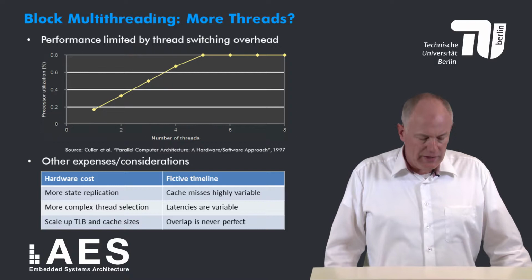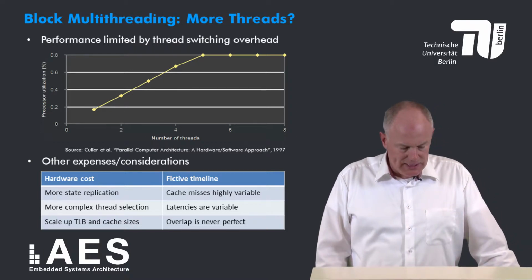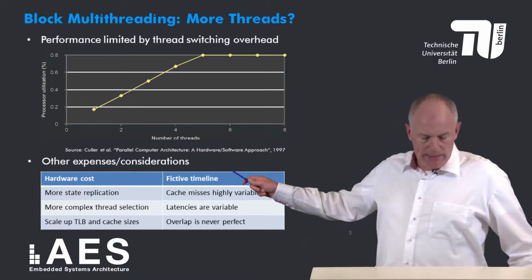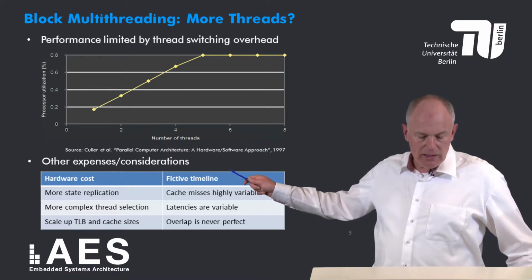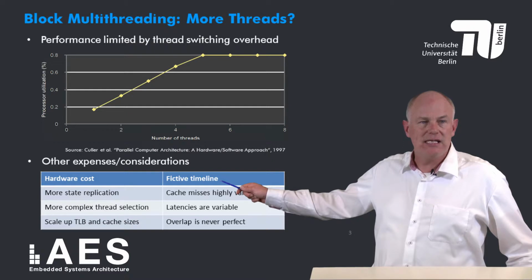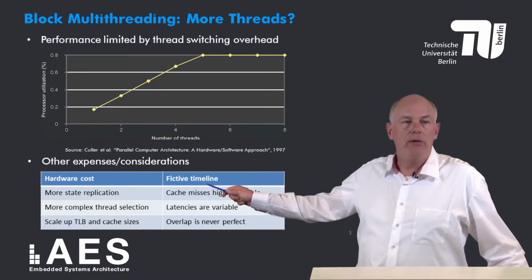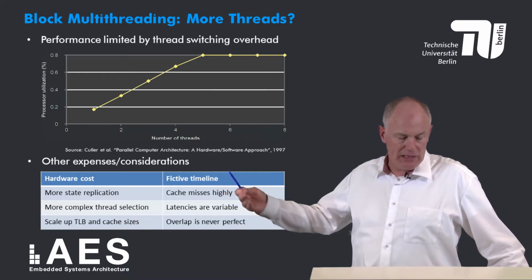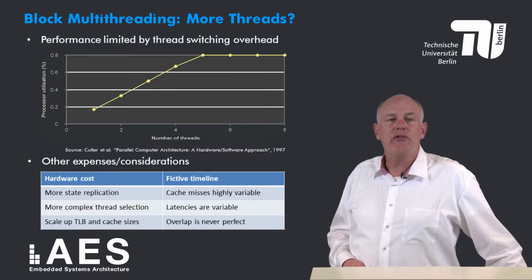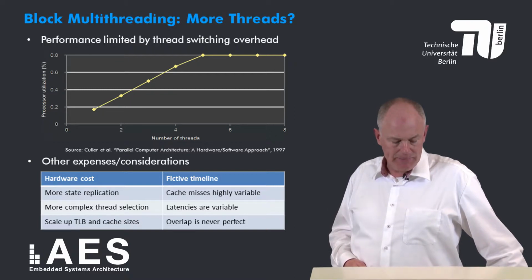Other costs and considerations are: we need more state replication, and if we have more threads, the thread selection becomes more complex. We need to scale up the size of the translation lookaside buffer, because now we need to be able to execute up to 5 threads at the same time.